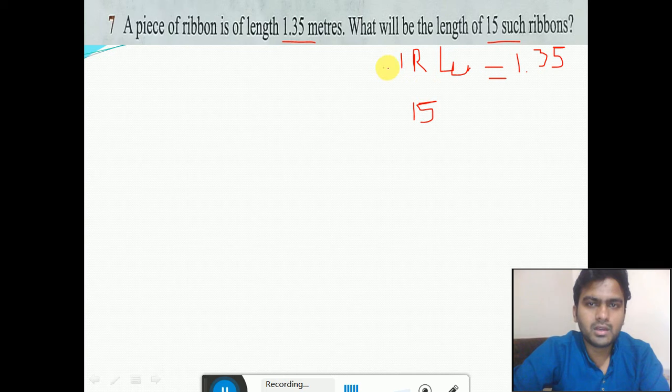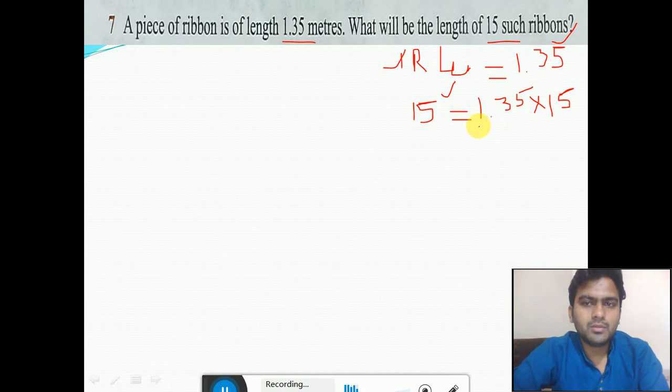So one ribbon length is 1.35 meters. So 15 ribbons length equals 1.35 into 15. So when you multiply 15 and 1.35, then you will get your answer.